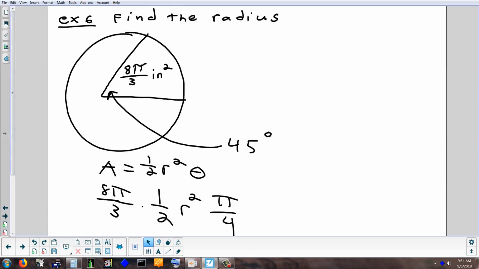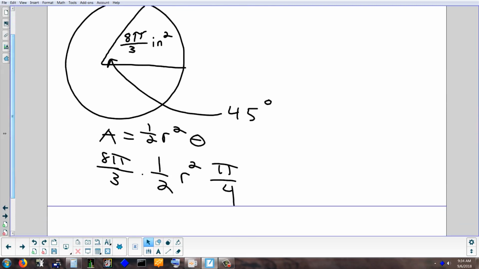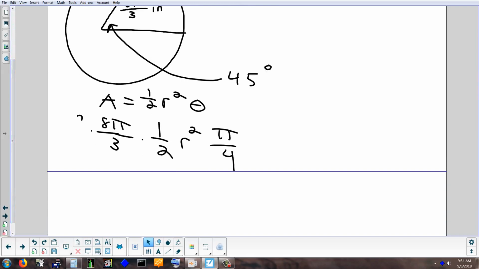Okay, so the goal now is to get r by itself. Let's go one step at a time. Let's start with the 1/2. What could I multiply each side by to get rid of the 1/2? You could start by multiplying each side by 2, or 2 over 1.